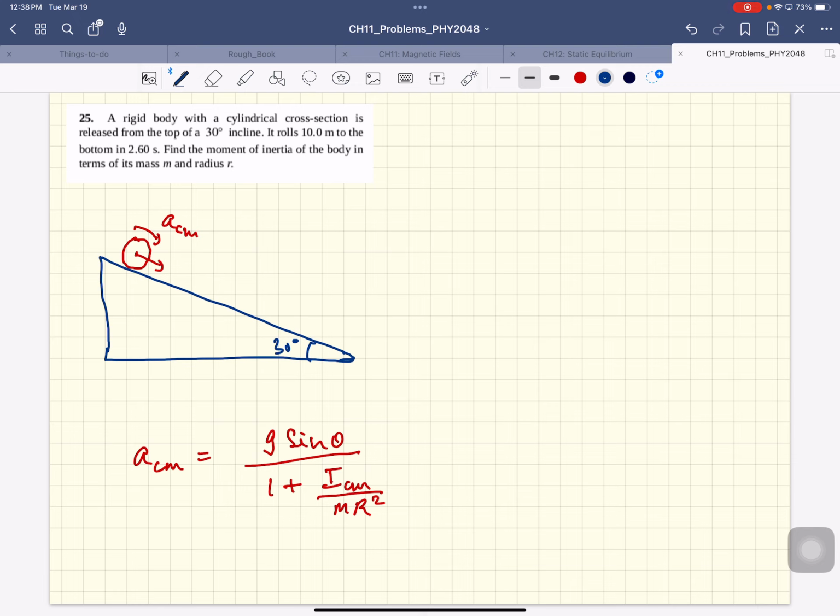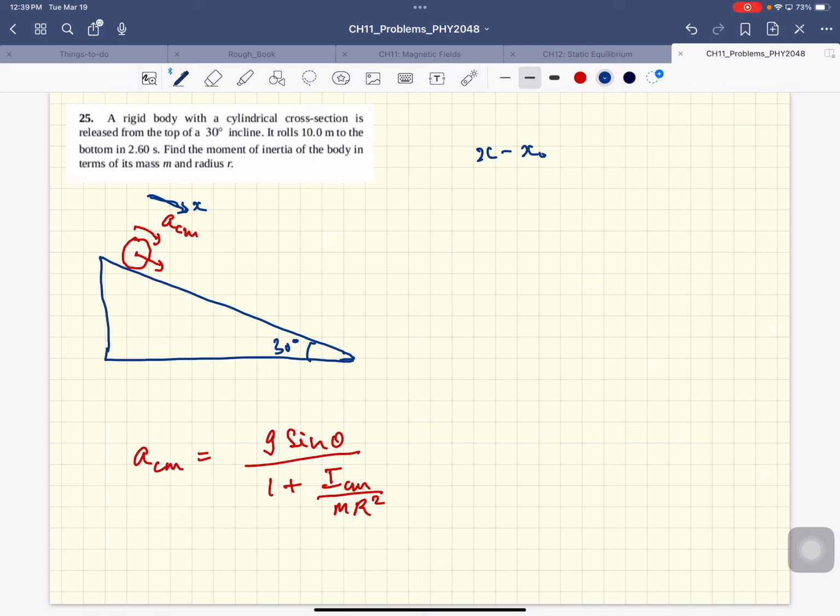So here's our x-axis. Our x-axis will point this way, and it rolls to the bottom in 2.6 seconds. So it travels 10 meters in 2.6 seconds, and we want to find the moment of inertia of the body.